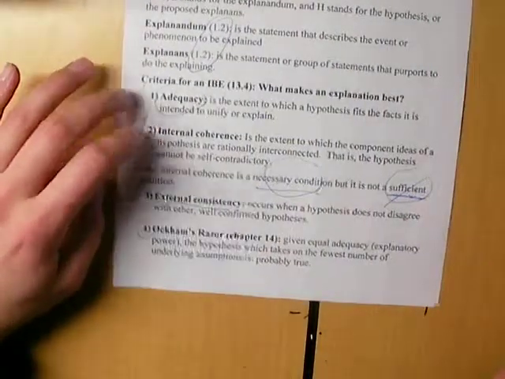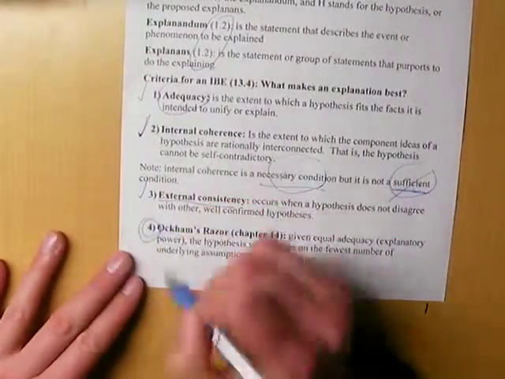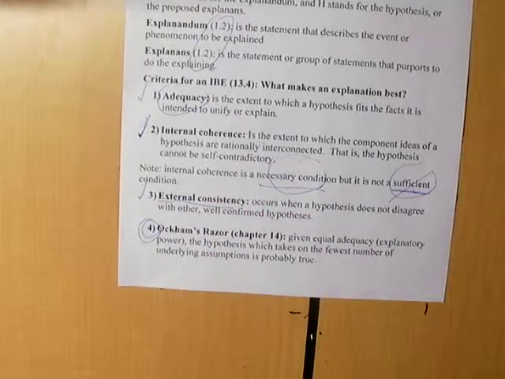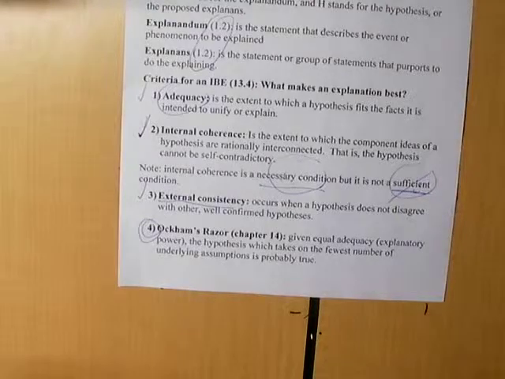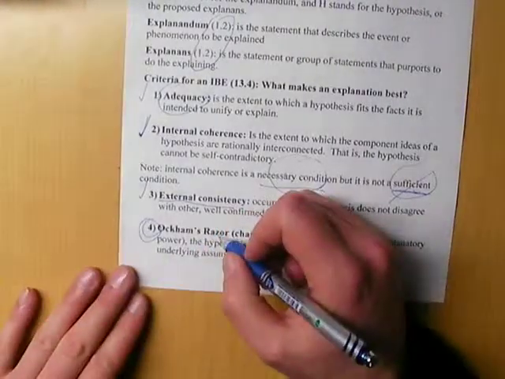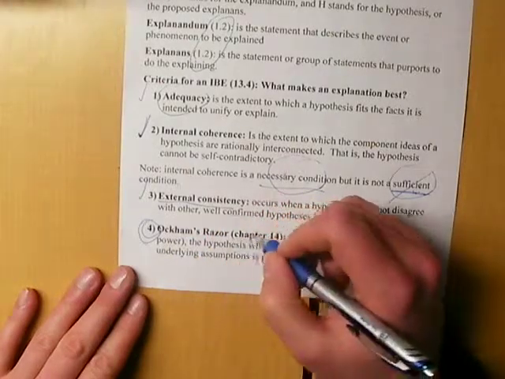Neither conflicts with other things we know to be true. So if we need to, we'll get all the way down to 4, Occam's razor. And just this situation, two competing hypotheses, they are both internally coherent, they are both externally consistent. How at this point are we to adjudicate between the two? Well, at this point then, we would apply Occam's razor.